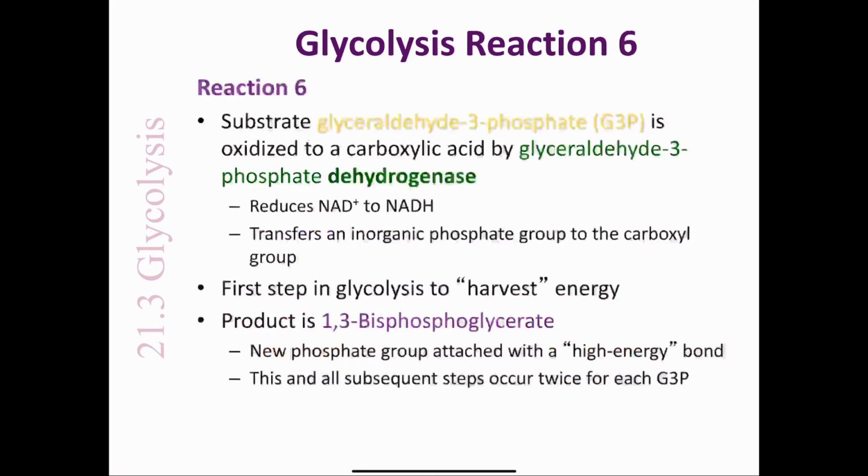This reaction occurs in two steps. First, NAD+ is reduced to NADH as the aldehyde group of G3P is oxidized to a carboxyl group. Second, an inorganic phosphate group is transferred to the carboxyl group to give 1,3-bisphosphoglycerate. Notice that the new bond is denoted with a squiggle, indicating that it is a high-energy bond.